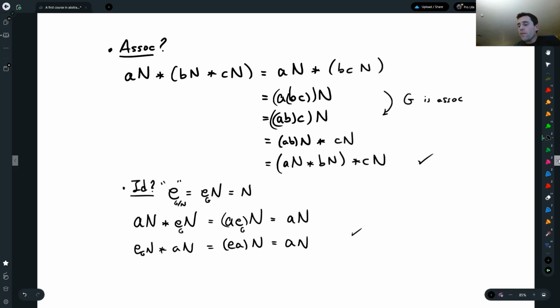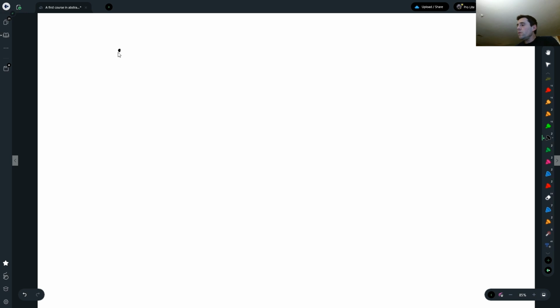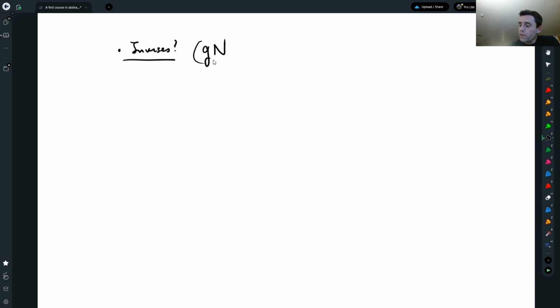And finally, do we have inverses? So now, if I have one coset, the inverse coset is going to be defined as g inverse times N. So the inverse of the coset gN will be the coset generated by g inverse. Let's see that it works.